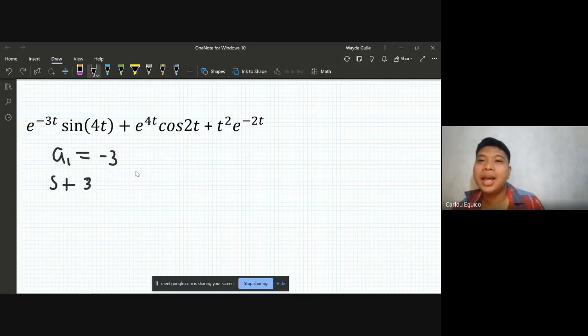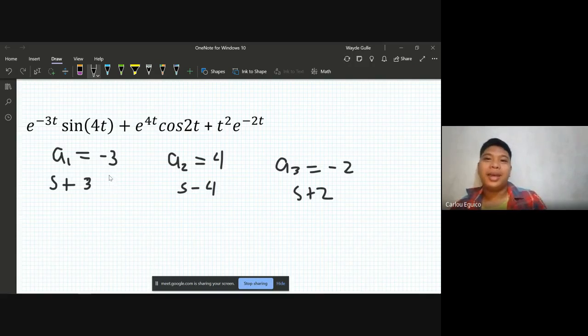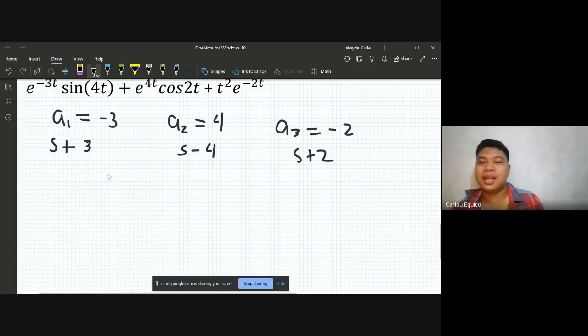For our second polynomial, a is equal to 4, then s will be s minus 4. And for our third polynomial, it will be negative 2, so it will become s plus 2. So we get our s substitutes.